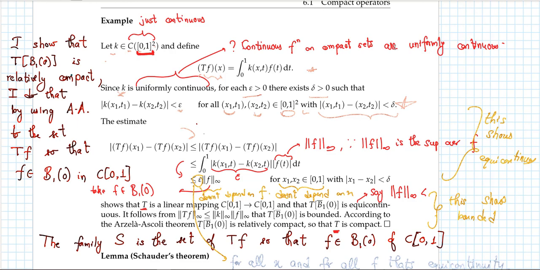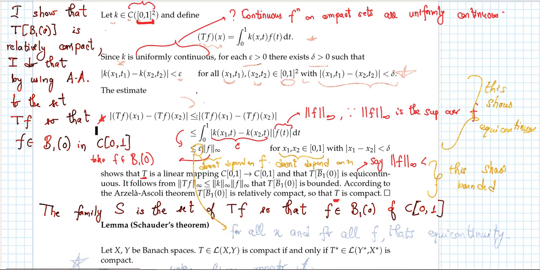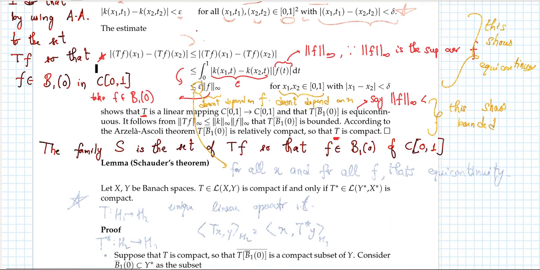If I estimate this quantity here, I would see that the norm of Tf(x1) minus Tf(x2) is less than this. Now I just use the definition of T of f and I bound it, and I would see that this can be estimated by epsilon, and the norm of f(t) can be approximated by the supremum over all f.